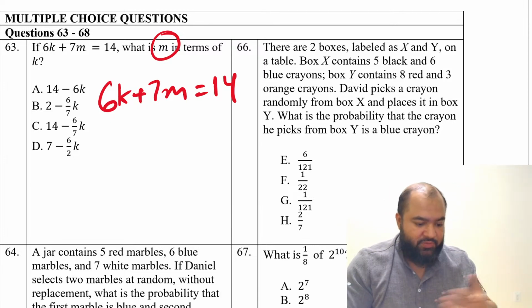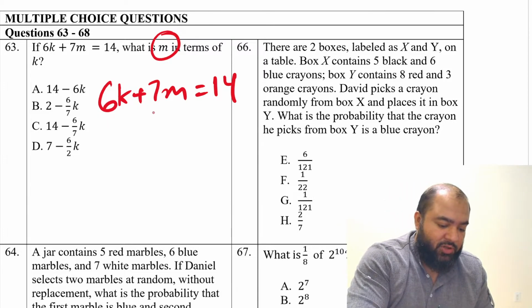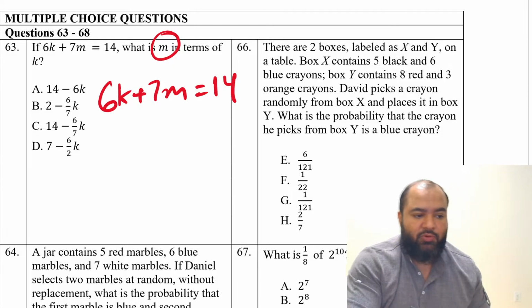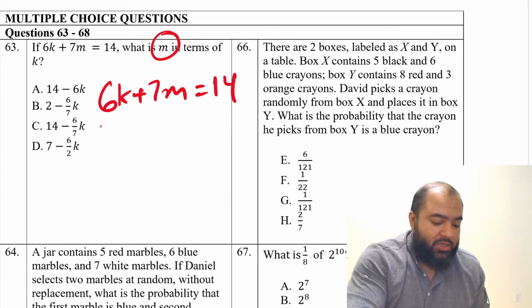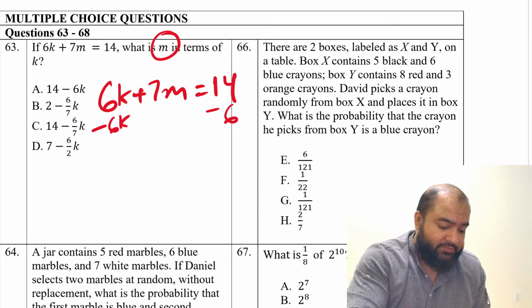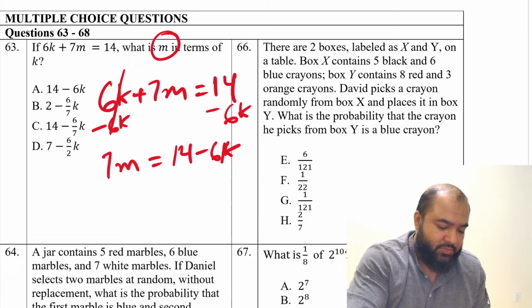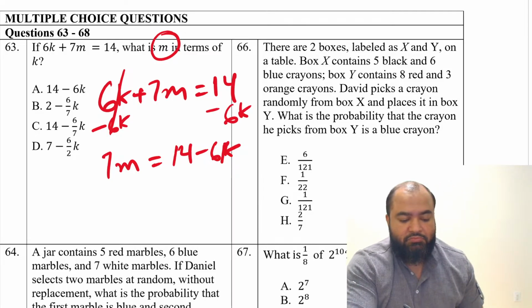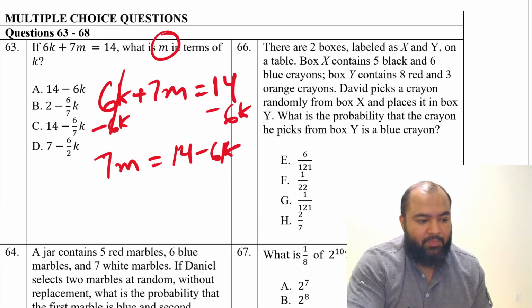Okay, so I'm going to just do it with you on this one. So first of all, m you want to solve for, so we are going to isolate the m. So we're going to minus 6k both sides. So we have 7m equal to 14 minus 6k. Okay. Now how do I solve for m?